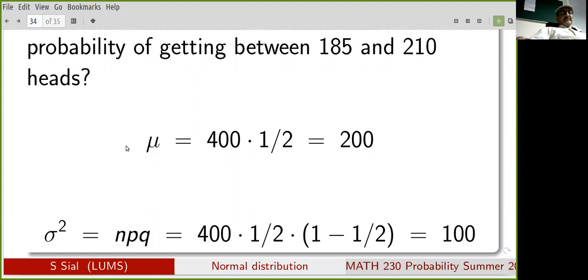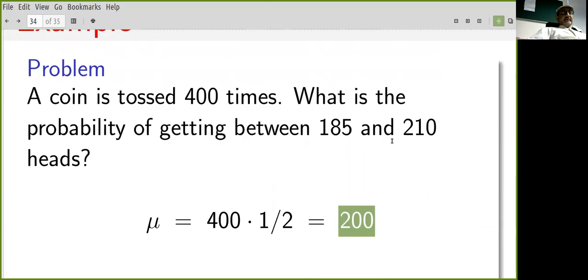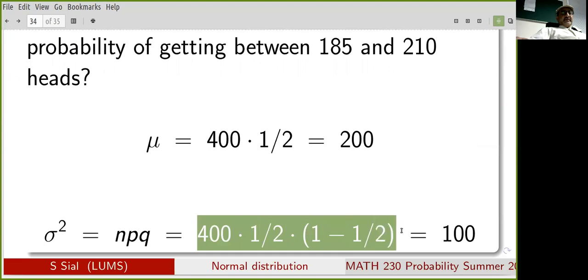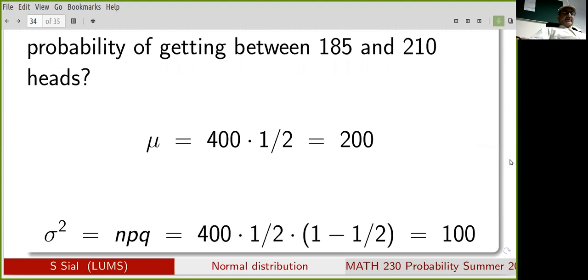So the expectation mu is equal to n, 400, times p, a half, which is 200. So we expect 200 heads. The variance is npq, which is 400 times a half times a half, which is 100.